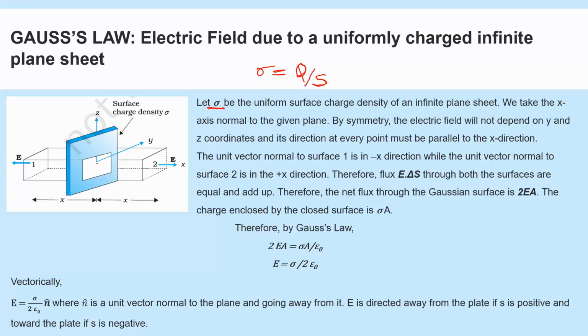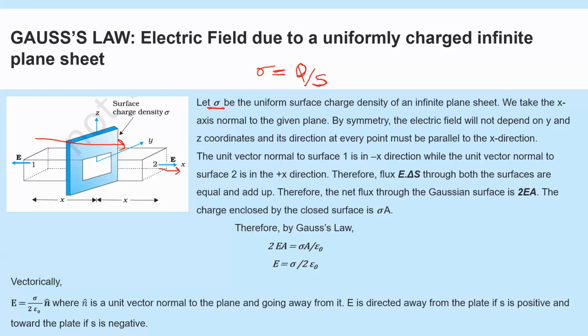So the electric field will depend on the y and z components, and its direction is parallel to the x direction. Sorry, my mistake, it is not going to depend on y and z, because it is directed only along the x direction.